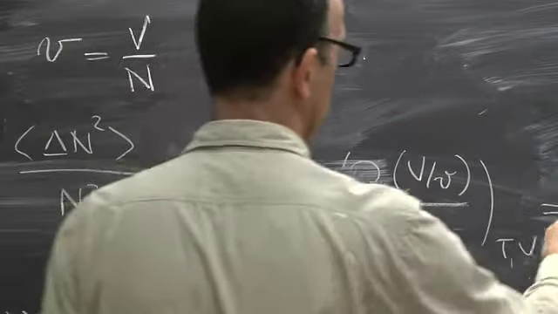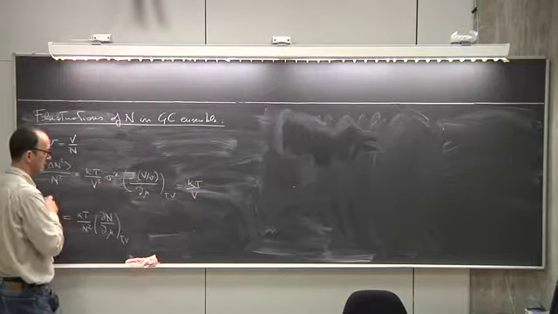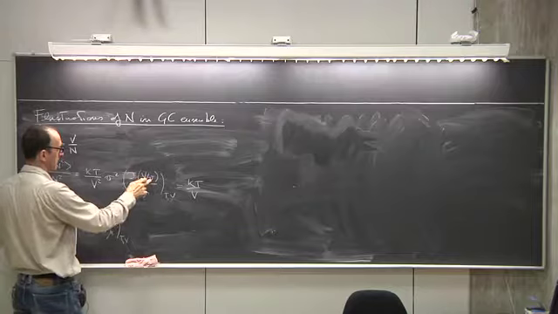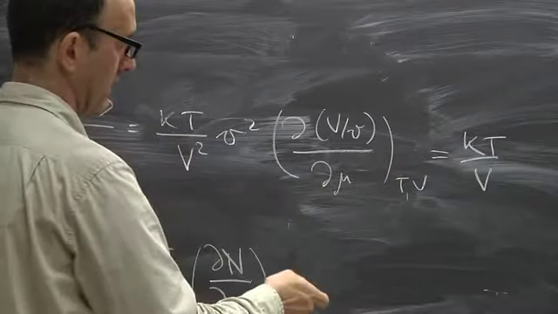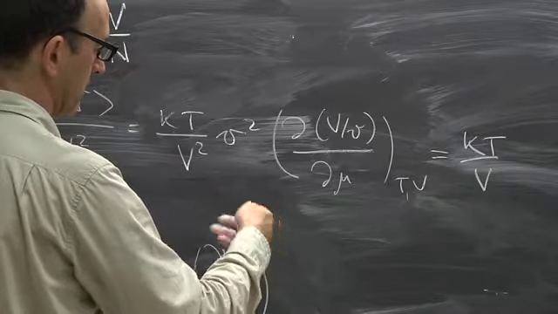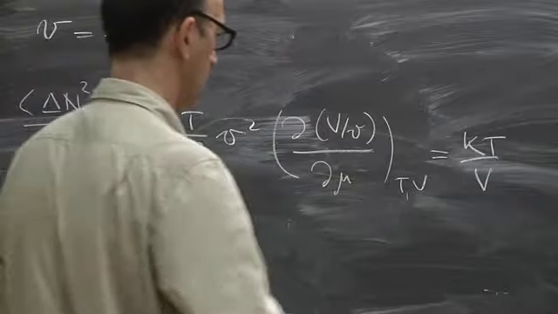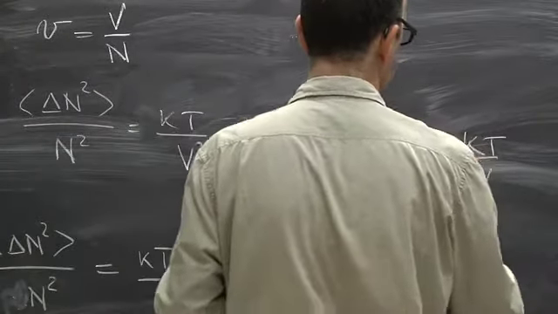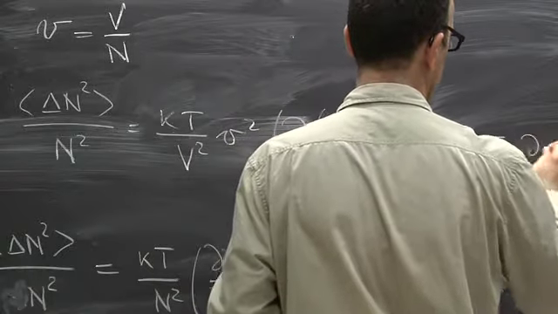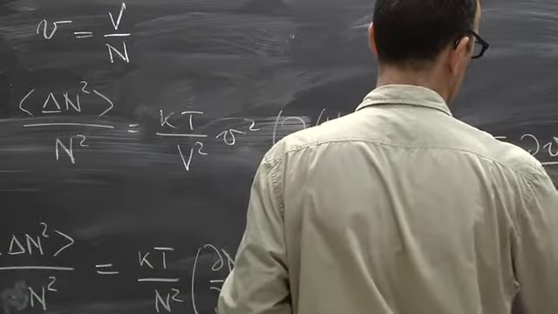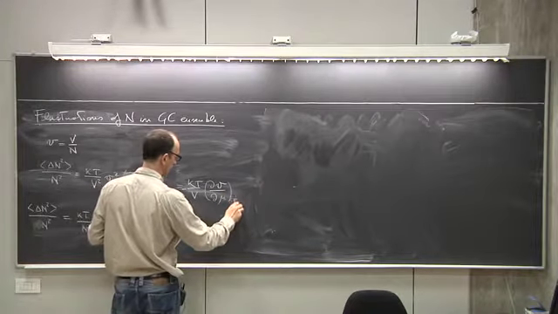And this is just kT divided by V, one V cancels. And then the derivative of 1 over v by mu is minus 1 over v squared, and the derivative of small v with respect to mu. Okay? So I have a minus sign times the derivative of v with respect to mu at constant T and V.